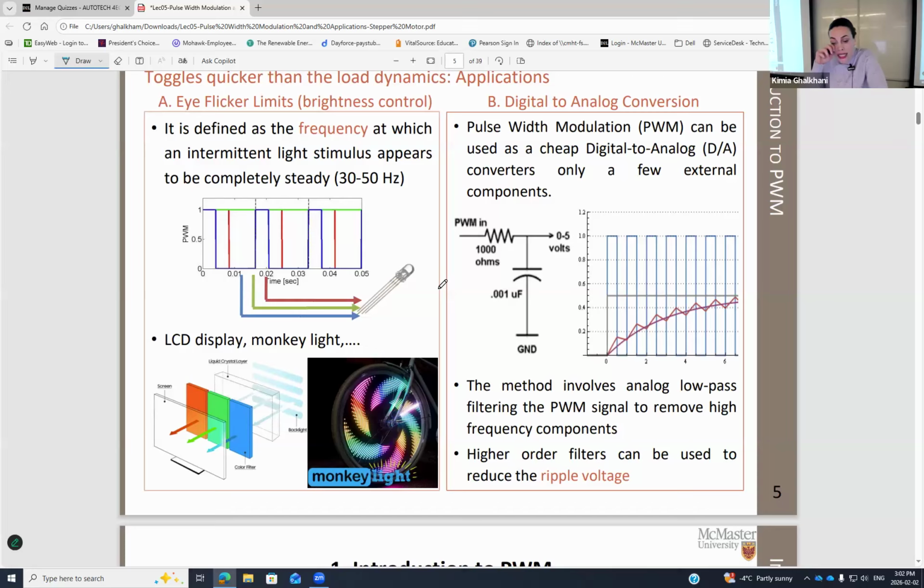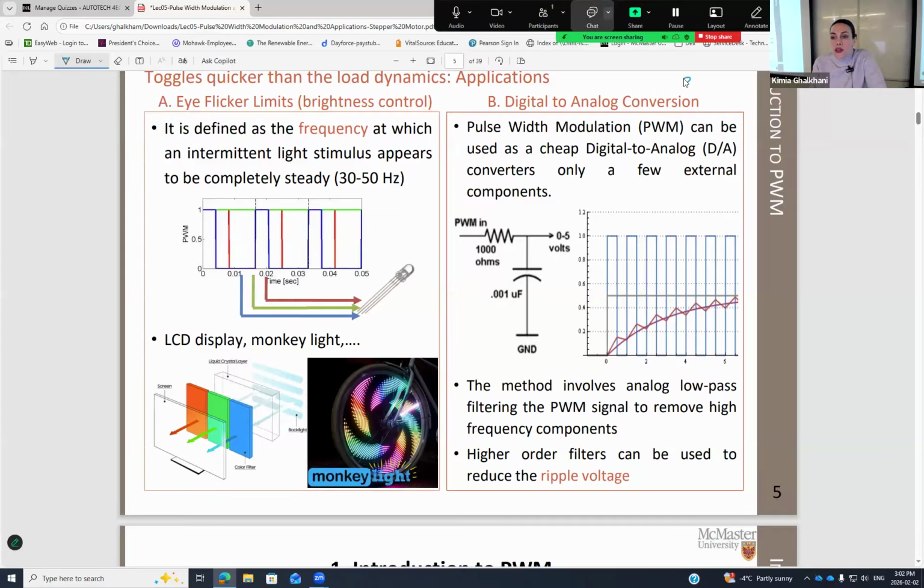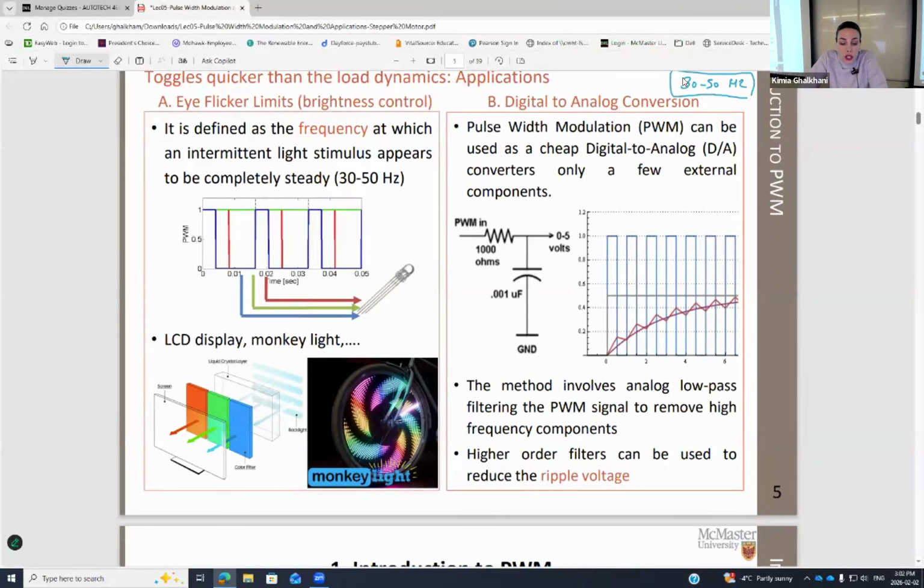So our eye can detect flicker at a certain frequency, and that frequency is something between 30 to 50 hertz. Each time we blink, in fact, our eye is going to detect flicker between 30 to 50 hertz.